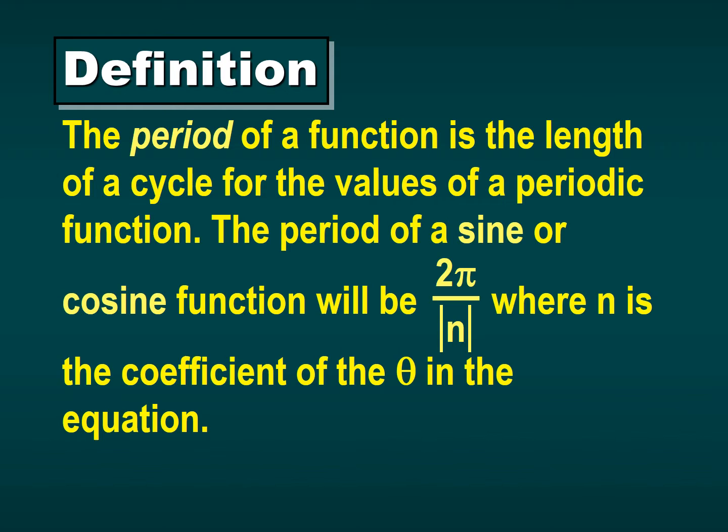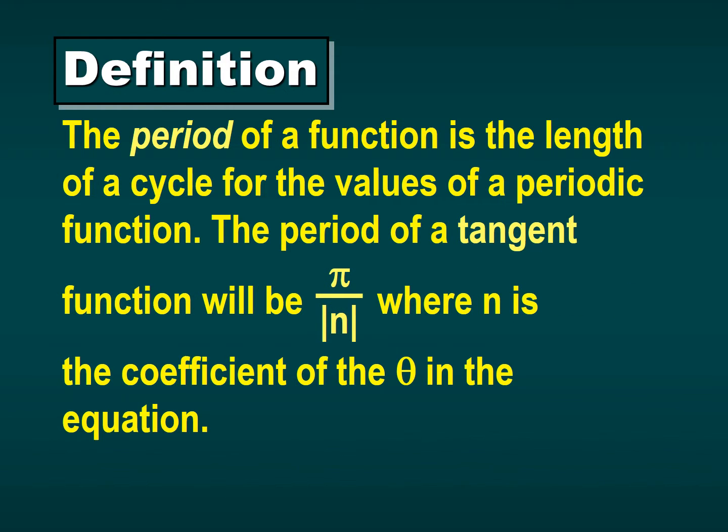So if we have an n value, then to figure out our period we take 2 pi and divide it by the absolute value of n. And n is the coefficient in front of theta in our equation. So remember those general forms of equations on that previous slide? The coefficient in front of theta, which we represented with an n, is what we're going to divide 2 pi by, and that's how we figure out our period.